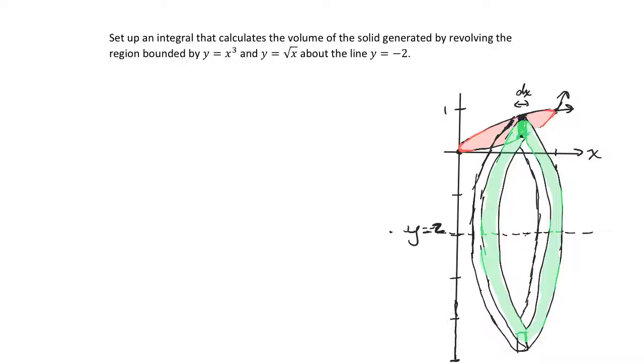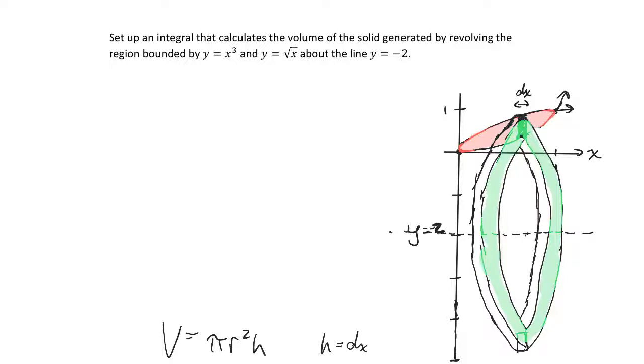As we did before, because it was the disk and washer method, our basic formula was volume equals pi times the square of my radius times h. We know that h is equal to dx in this case. It's the thickness of the disc or washer that we're dealing with. How about the r? Well, remember we did the outer radius squared and the inner radius squared.